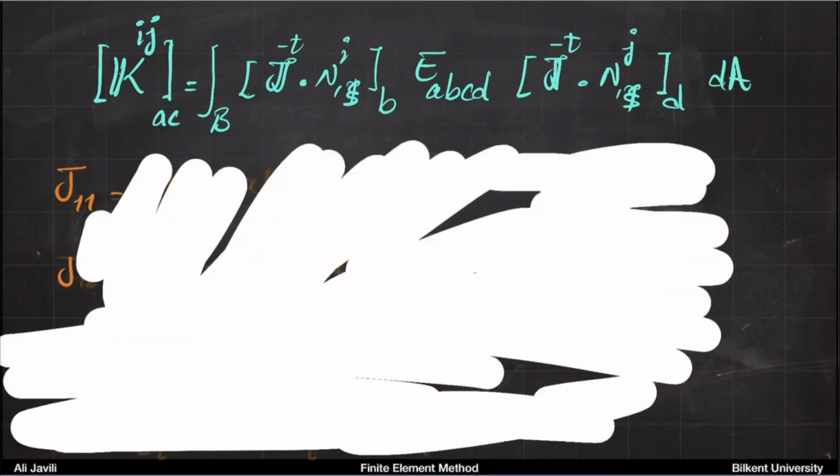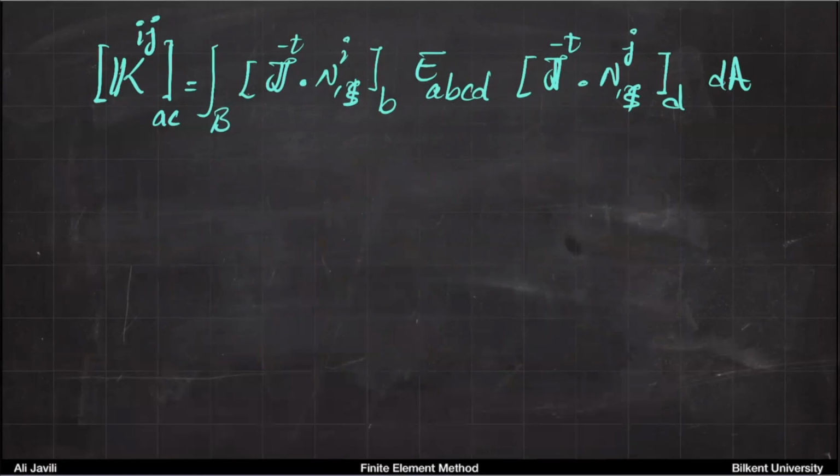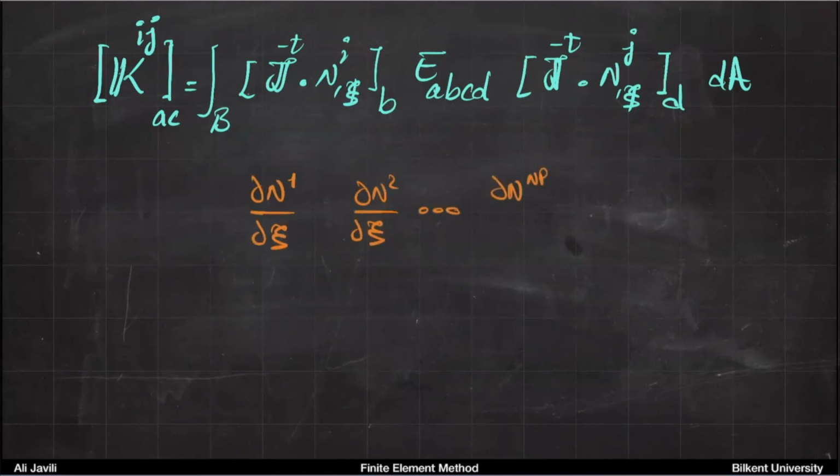If you do that, let me just introduce a matrix to you and see if it helps. Think of a matrix like this: derivative of n1 with respect to c, for instance, then derivative of n2 with respect to c, derivative of n node per element with respect to c.